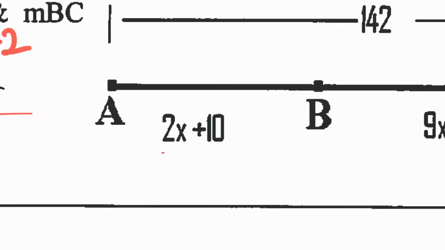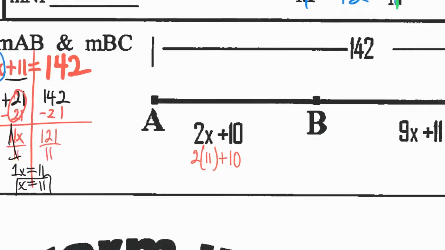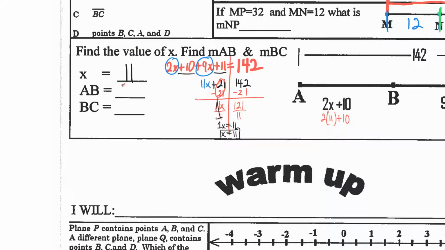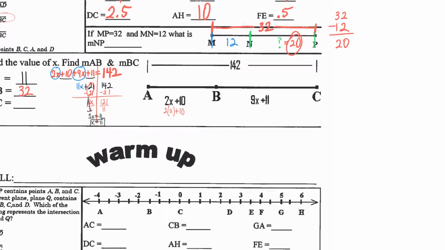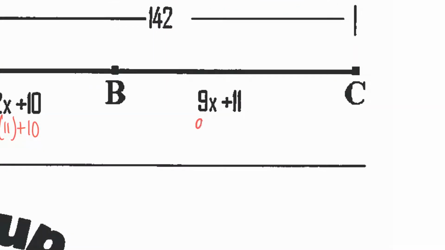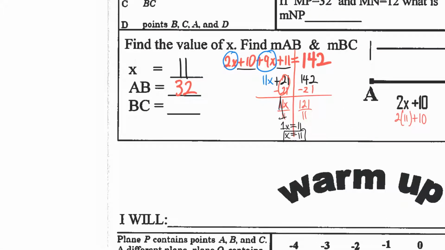So I'm going to have 2 times 11 plus 10 to tell me how long that is. 2 times 11 is 22, and then 22 plus 10 is going to be 32. And then for BC, I'm going to plug in 11 there. So I'm going to do 9 times 11 plus 11. And what's that going to give me? It's going to give me 110.